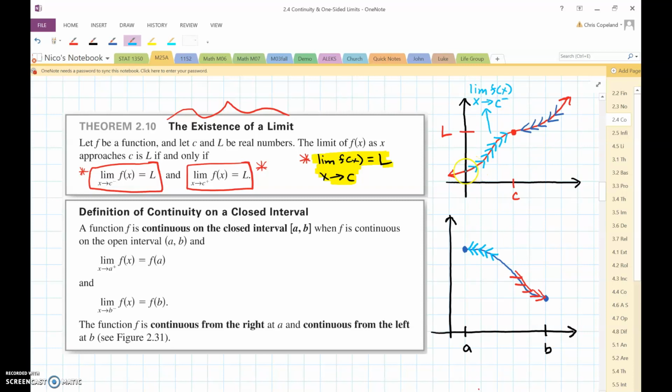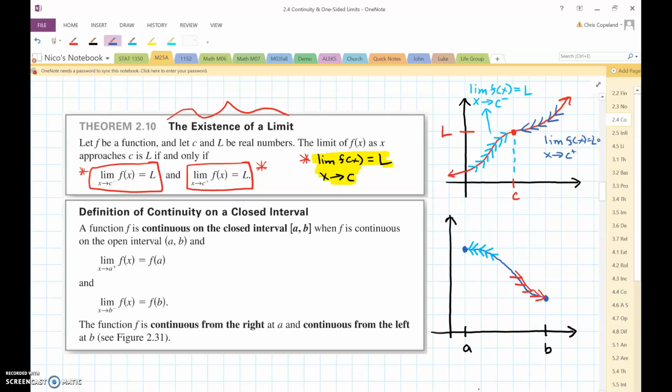And you can see when x is approaching c coming from the left, that's going to be equal to L. Okay? These dark blue arrows here represent the limit of f of x as x approaches c coming from the right. That's also equal to L.